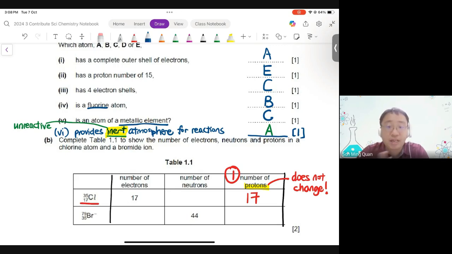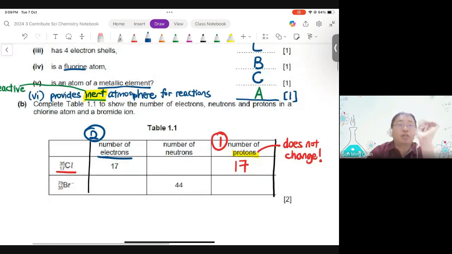Okay, 17 is always true for Cl. Even if it becomes Cl minus, it's still 17 protons because protons never ever change. What can change though is the electrons. So in this case, there's no charge. Because there's no charge on the Cl, we call this an atom.